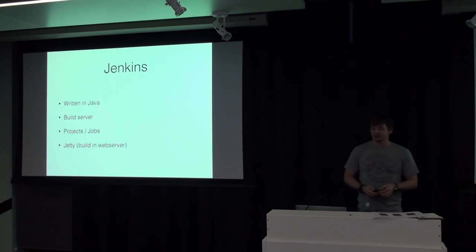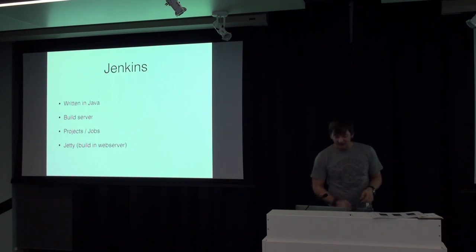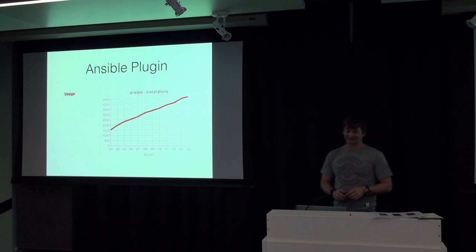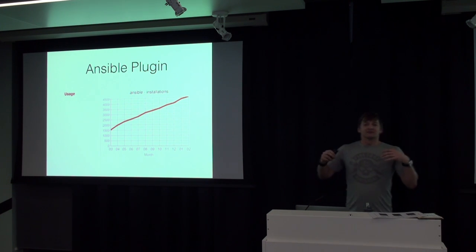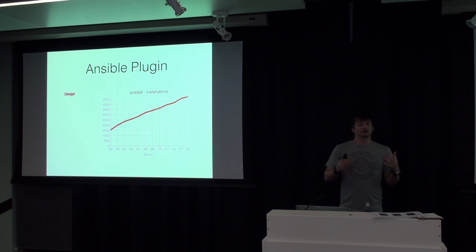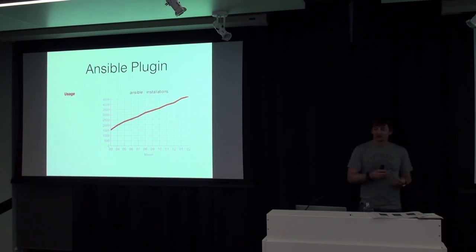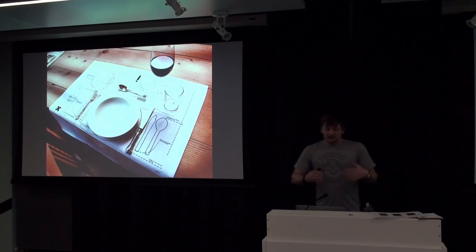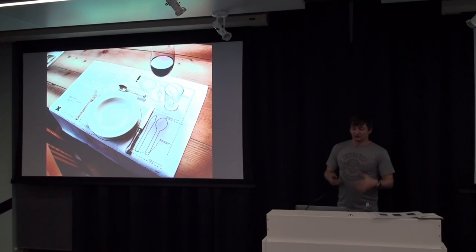But you can install it via Debian package, apt-get install jenkins. Totally fine. And who would have thought, there's an Ansible plugin that's getting used quite a lot lately. So, like I said, we want to do this stuff by pushing a simple button. Only a button. And let's do our system configuration with a single button.